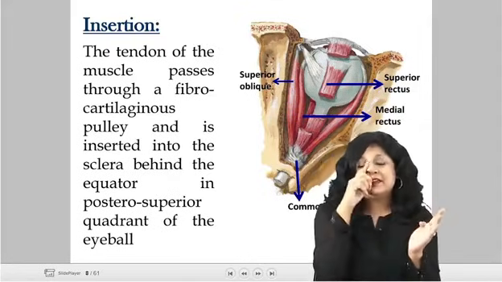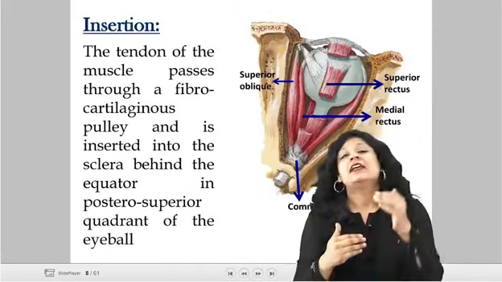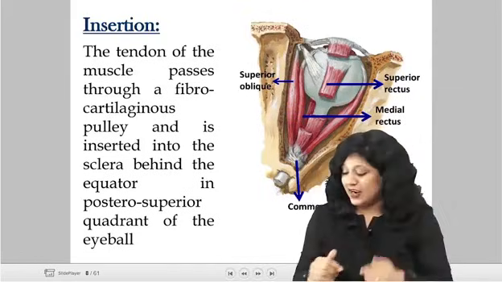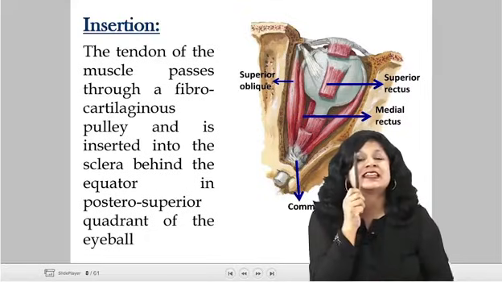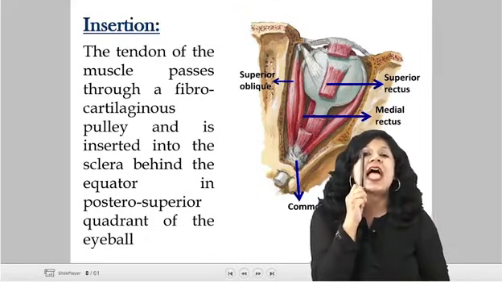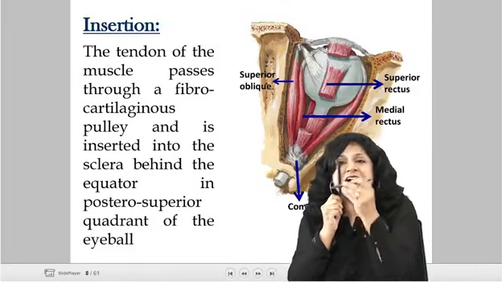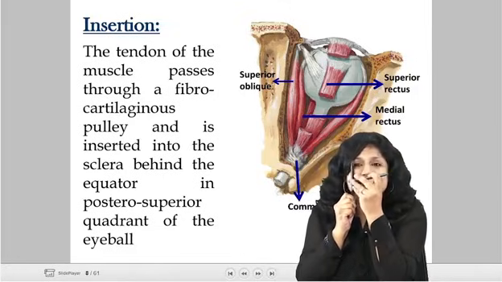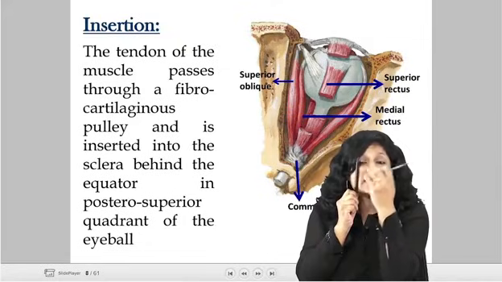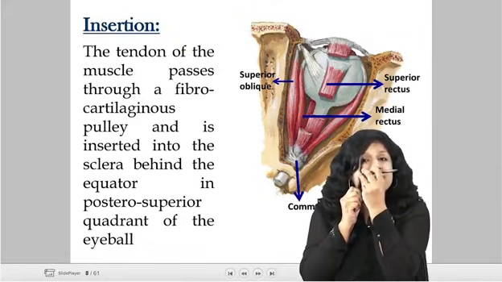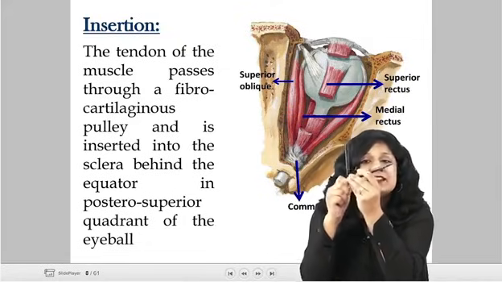On the other hand, if I talk about the obliques, they are at a very, very large angle. So if this is the optical axis like this, the oblique muscles are actually inserted like this. So they are inserted medially and at a very, very large angle. And what is this large angle?